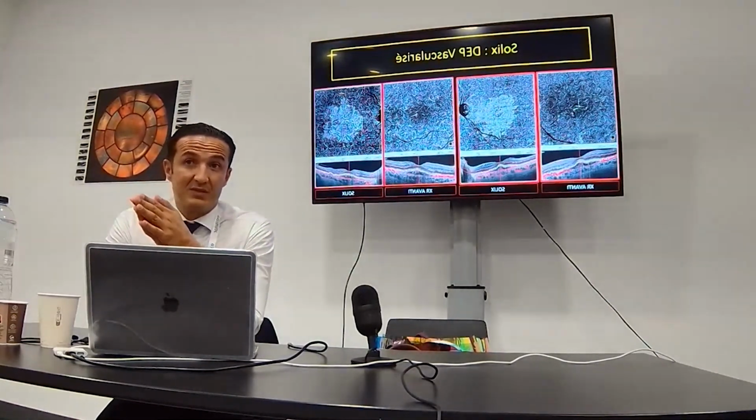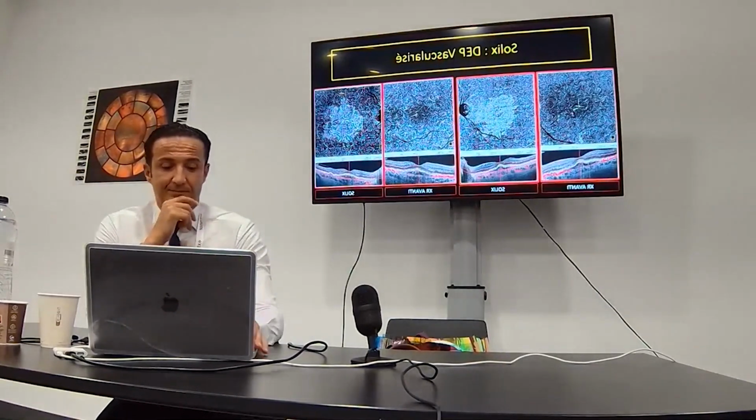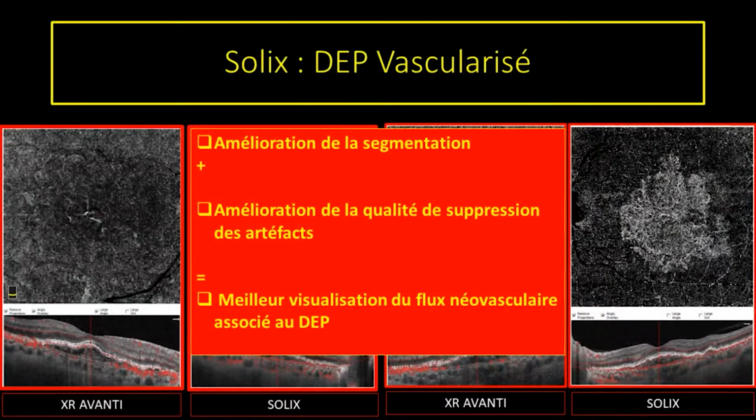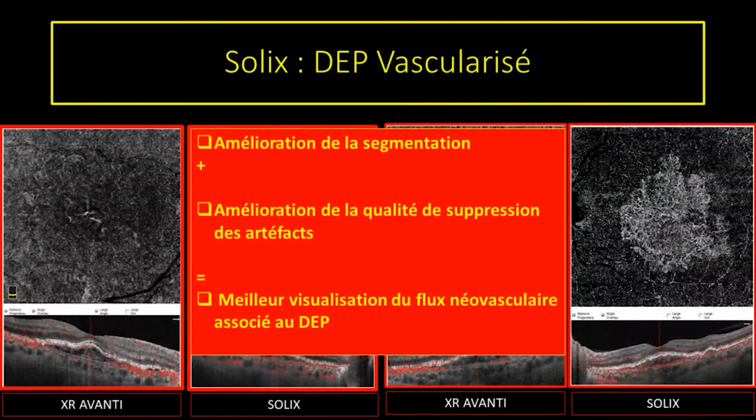Before, it was difficult due to the problem of the segmentation. So, improvement of the segmentation and improvement of the PAR software give a better visualization of neovascular flow associated with PED.